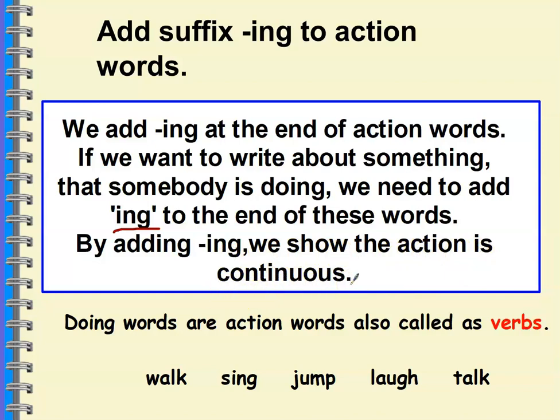Okay. So we discussed here that if we add ing at the end of the action words, we can make the action continuous. So what are the action words actually? Doing words are the action words and they are also called verbs.